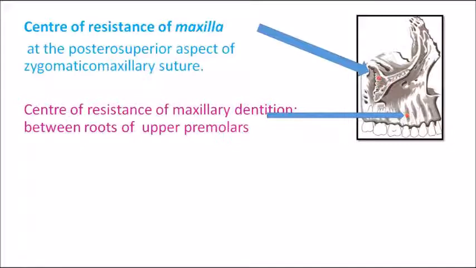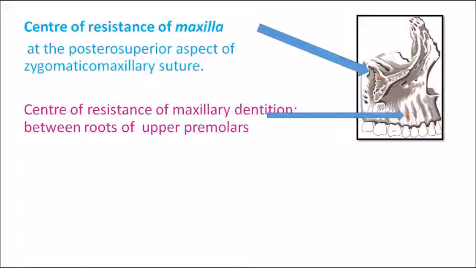So center of resistance of maxilla is located at the postero-superior aspect of the zygomatico-maxillary suture. Now the second red dot which is marked here is the center of resistance of your maxillary dentition, which is located between the roots of the two upper premolars.